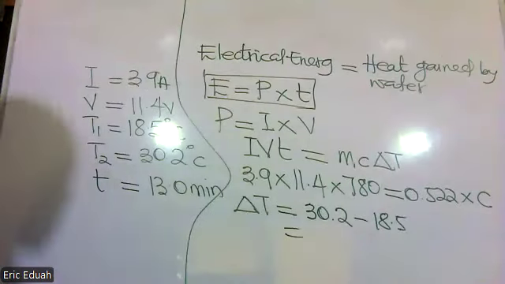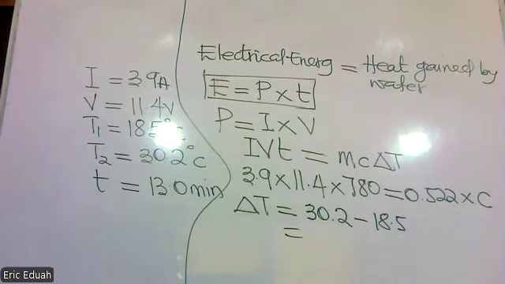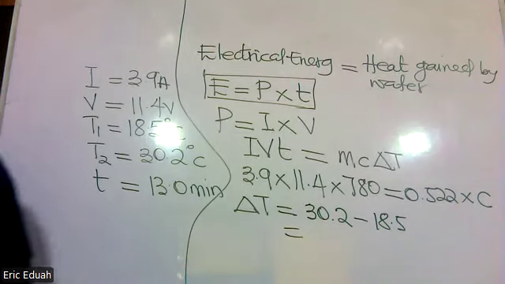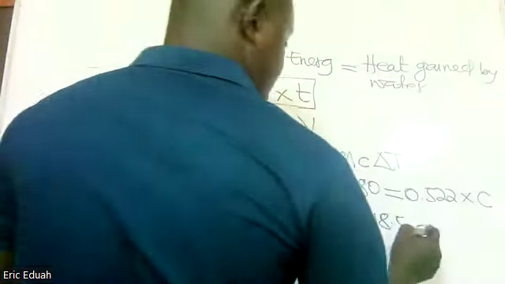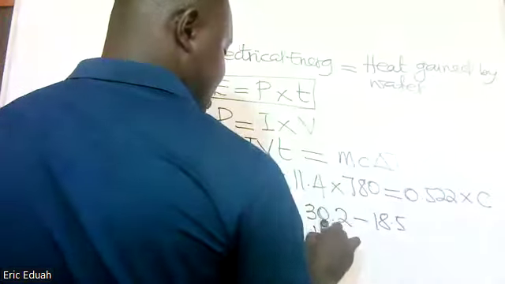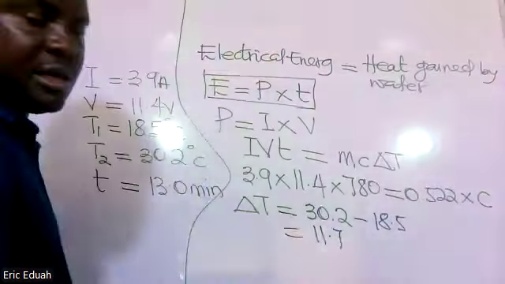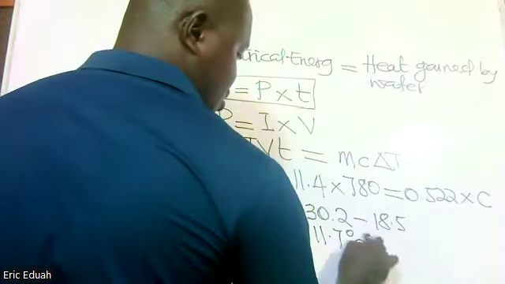Okay. So what is 30.2 minus 18.5? 11.7. So this is equal to 11.7 either degrees Celsius or Kelvin.